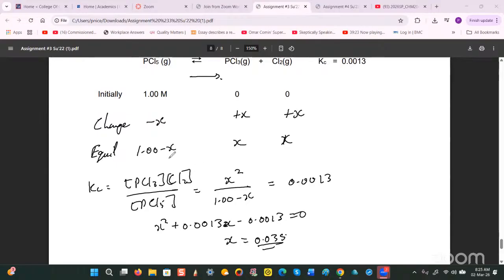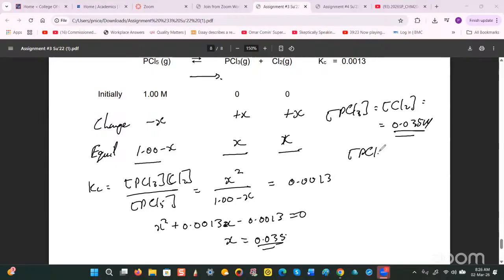So once you find out what x is, then you can easily find out what the concentration of PCl5, PCl3, and Cl2 is. In fact, the concentration of PCl3 would be equal to the concentration of Cl2, which would be equal to x, which is 0.035 M, right? And then as far as the concentration of PCl5 is concerned, that would be equal to 1.00 minus 0.035.